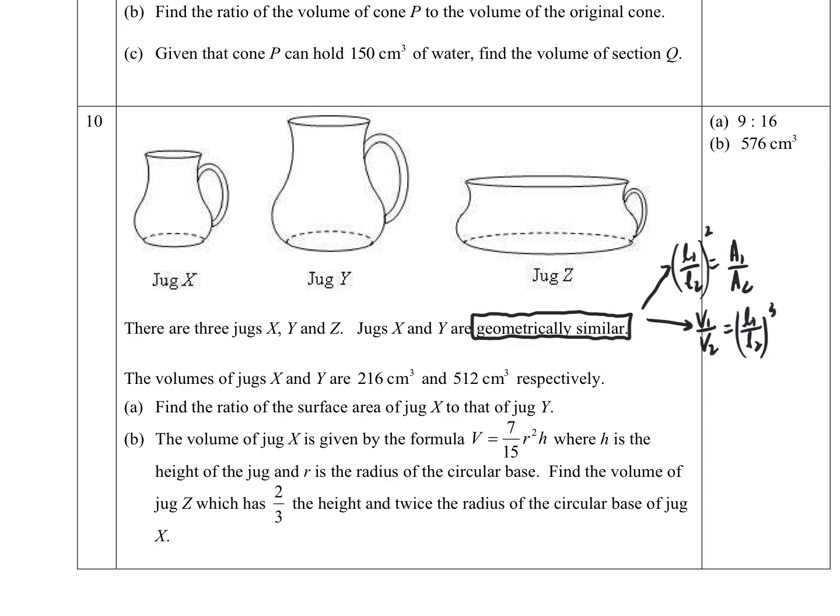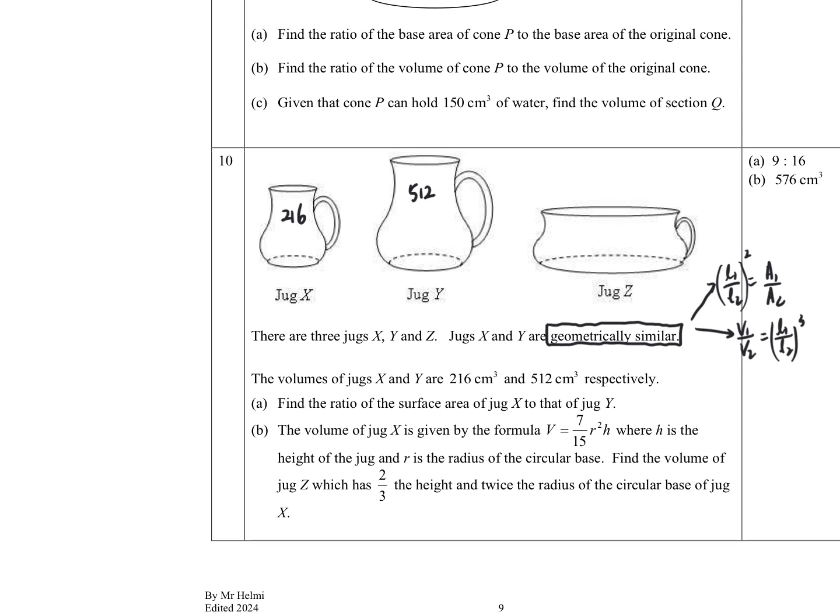Okay, next, they say the volume of the jug X and Y. So this one is 216. This one is 512. So write in first. Then find the ratio of the surface area of jug X to Y. So first thing first, I know Vx over Vy is 216 is to 512.